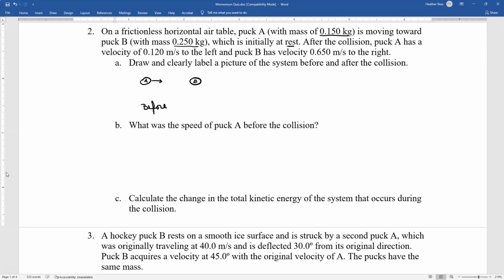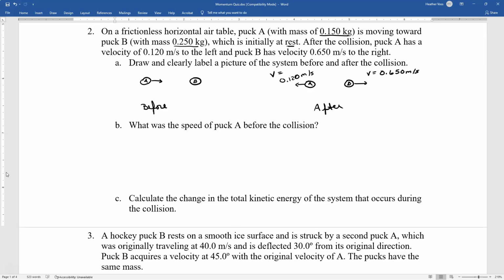Then after the collision, puck A has a velocity to the left of 0.120 meters per second, and then puck B has a velocity of 0.650 meters per second to the right. So this is after.